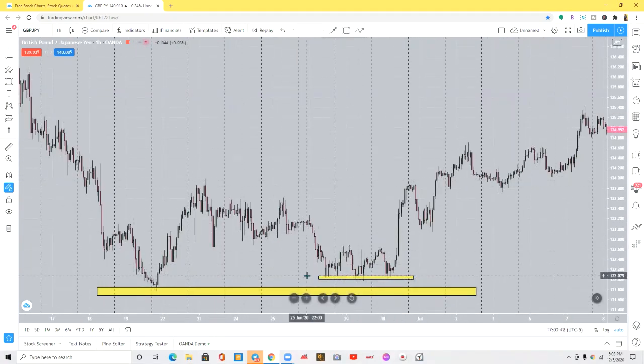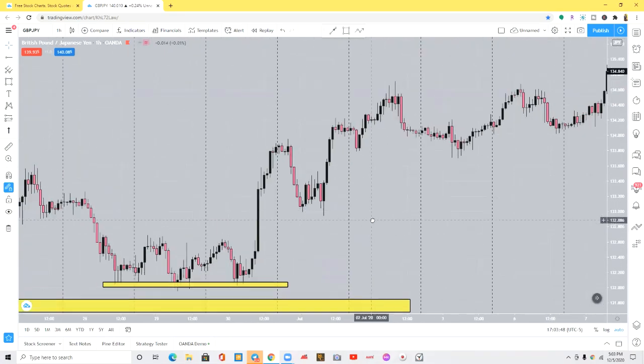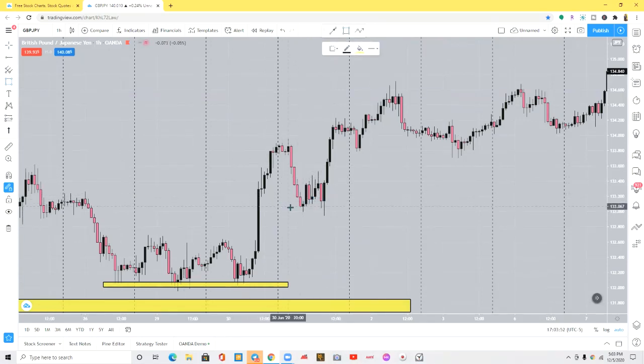That's why we mark up our support and resistance, like I said. When you get a pullback like this and you see this consolidation happening, we have a minor support. We have some resistance right here. Now, what we have to wait for is the breakout, the confirmation. Now we're waiting for a breakout above.